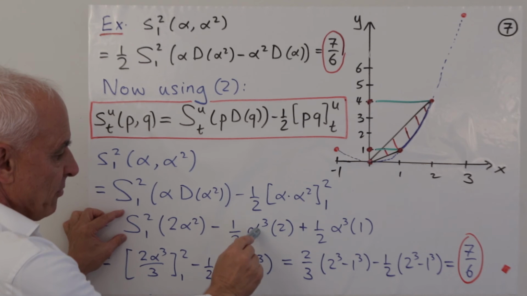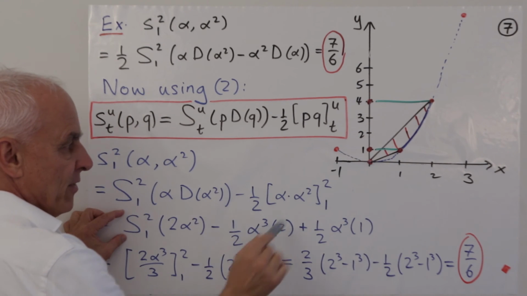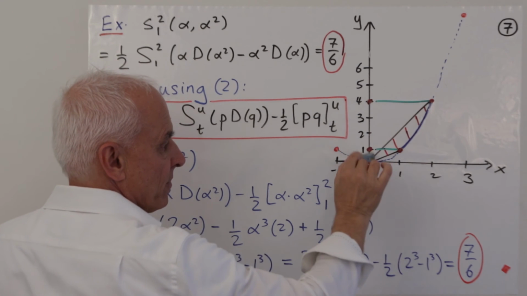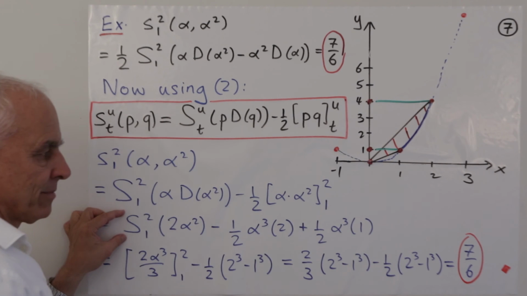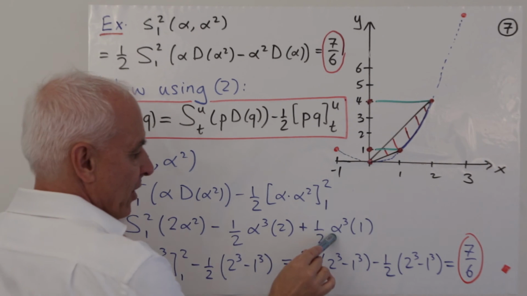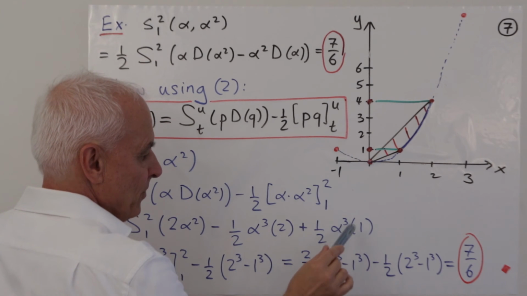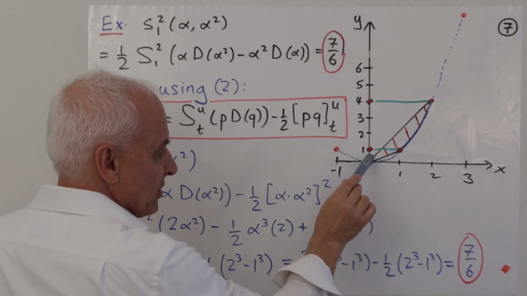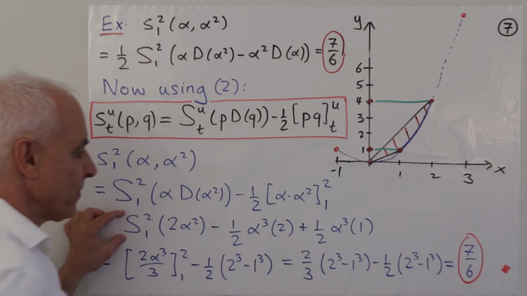This really represents the product of the x and y at the point 2. So this is really like the negation of the signed area of that big triangle there. And here is, again, another triangular area corresponding to the parameter 1, which corresponds to this point here. That's this triangle here.